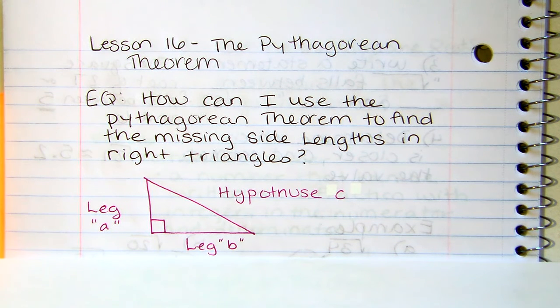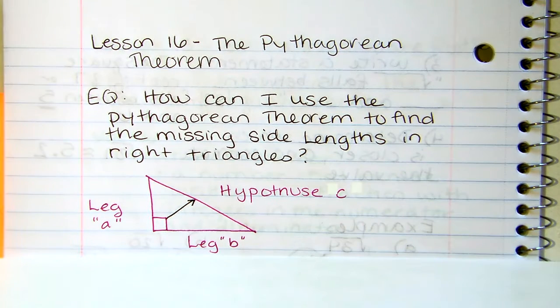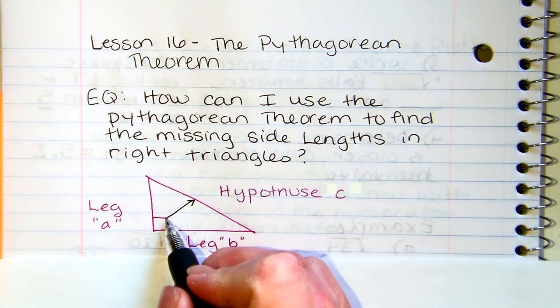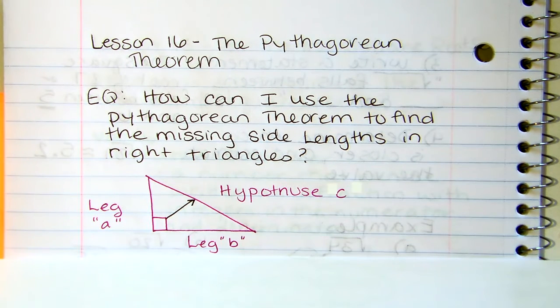The hypotenuse is something you know of as the longest side in a triangle. In a right triangle, the hypotenuse is always opposite of the right angle. So if you were to draw an arrow going from the edge of the right angle outward, you would be able to find your hypotenuse.